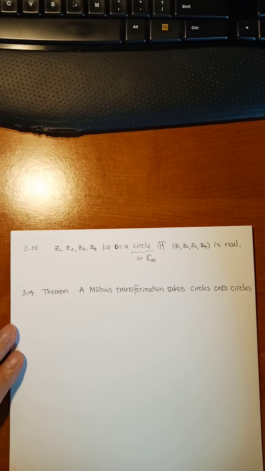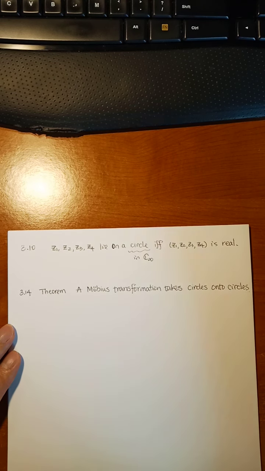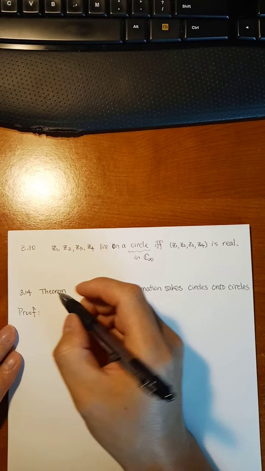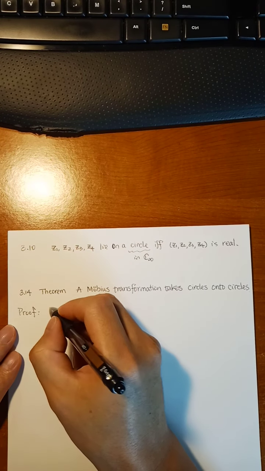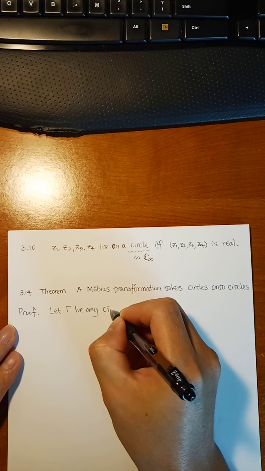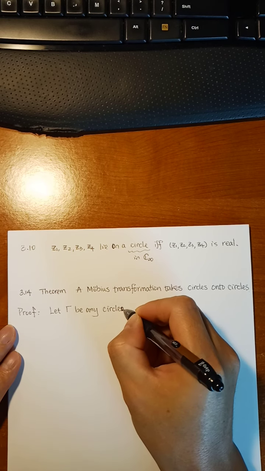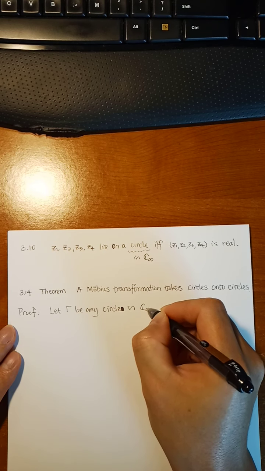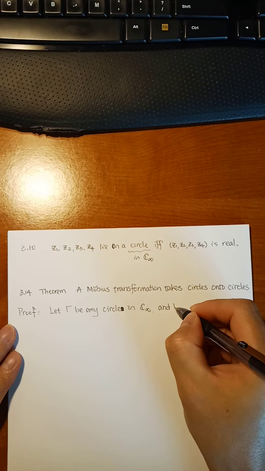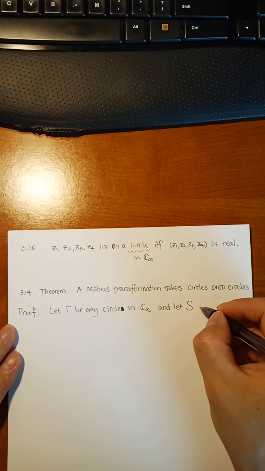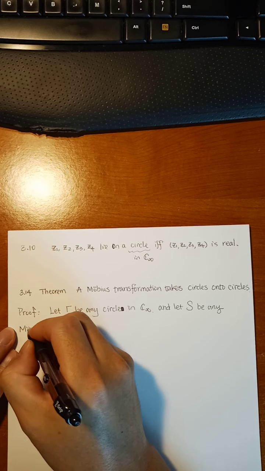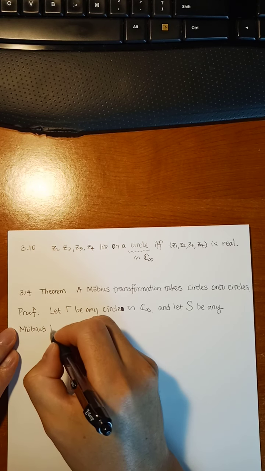Okay, so let's see how we prove this. Assume we have an arbitrary circle. Let gamma be any circle in C infinity. Here this circle could be a straight line. And let S be any Mobius transformation.